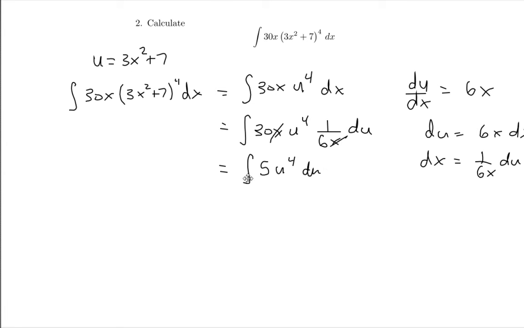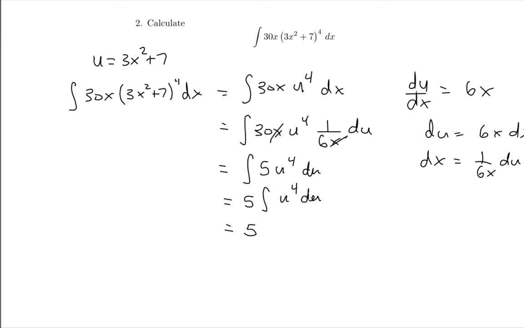And because of my integration laws, I can remove this constant and put it out front. So this becomes 5 times the integral of u to the power of 4 du. And now I have a nice integral where I'm integrating with respect to u, and the function I'm integrating is a function of u. So now I can use the formulas and laws that I have for anti-differentiation.